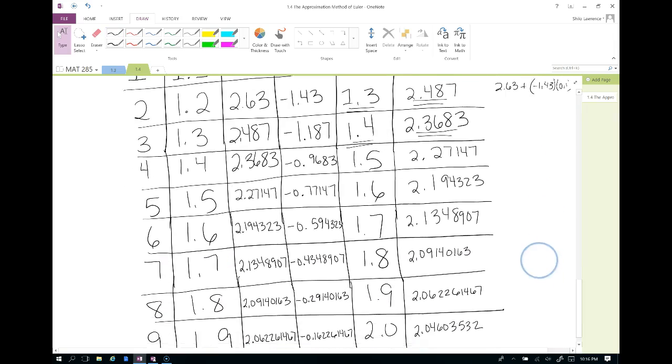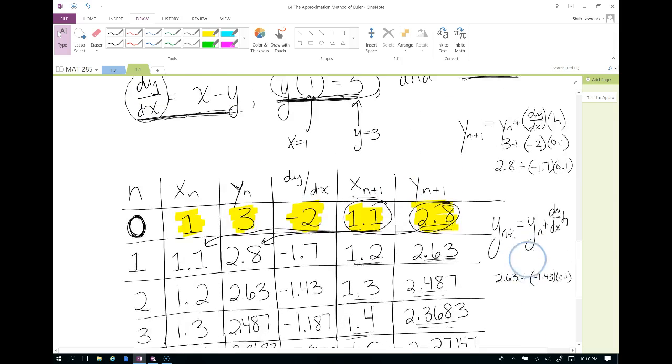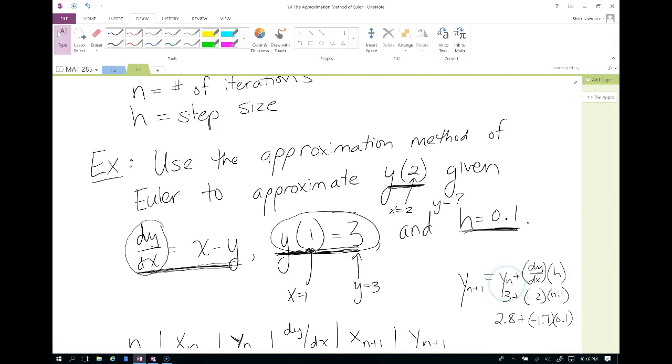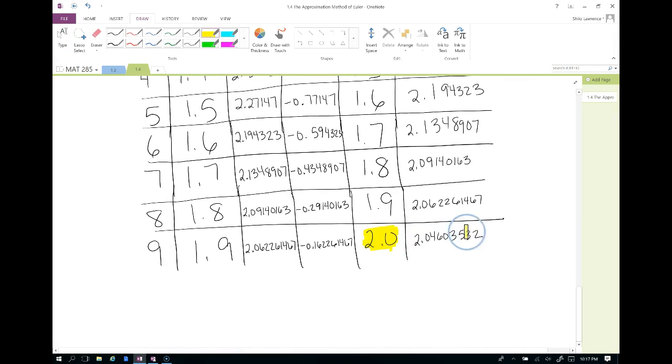And I just continued this all the way down until I had an x value of 2, because that is what we were asked to find back in the instructions. It said use the method of Euler to approximate y of 2. So when I finally got my x of 2, the y value that goes with it was 2.04603532.